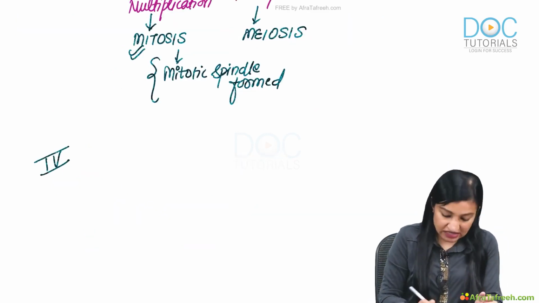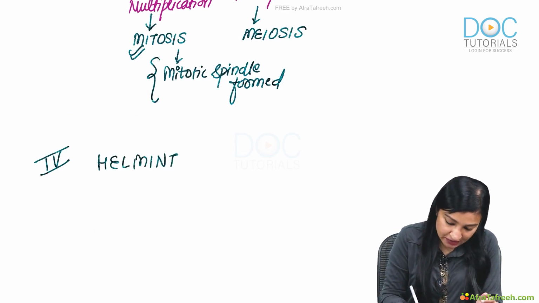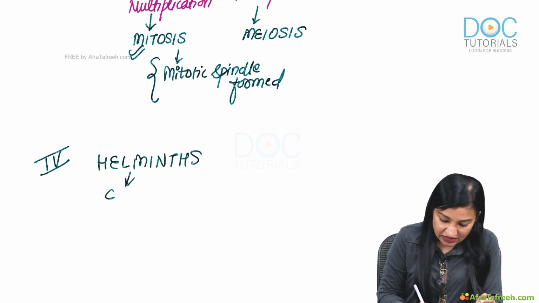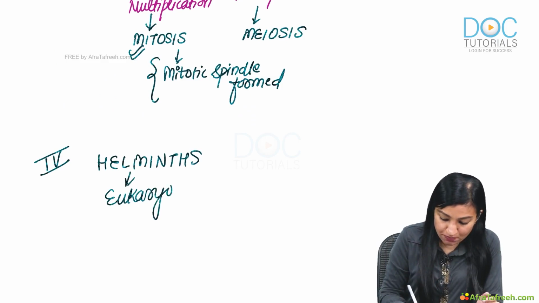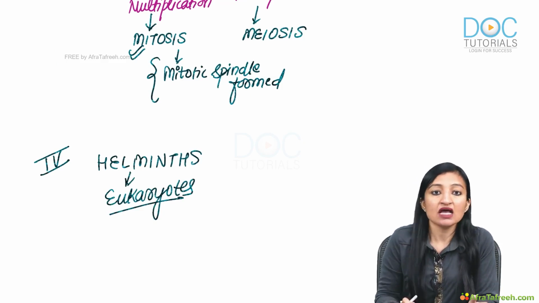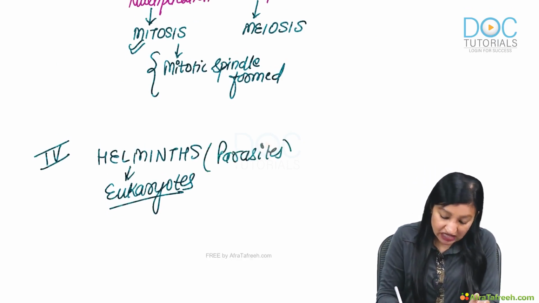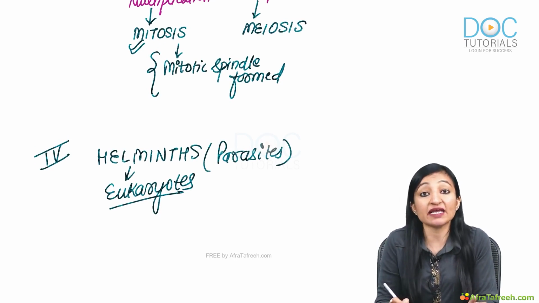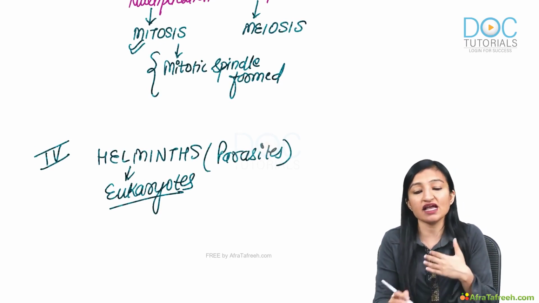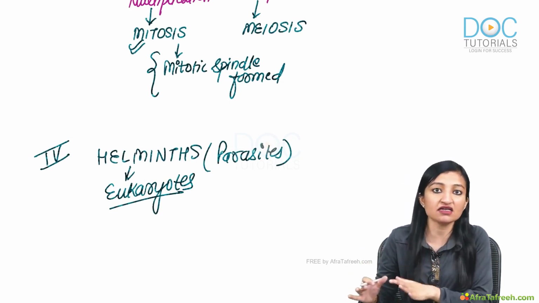And lastly, we have very special parasites called helminths. Now, these are also eukaryotes, but why did I not consider them in category 3, where I included fungi and protozoa? These are special parasites. Even though they are eukaryotes like protozoa and fungi, I am giving them more importance by designating a separate category altogether.